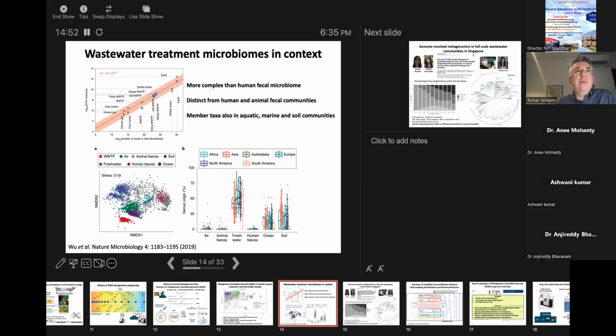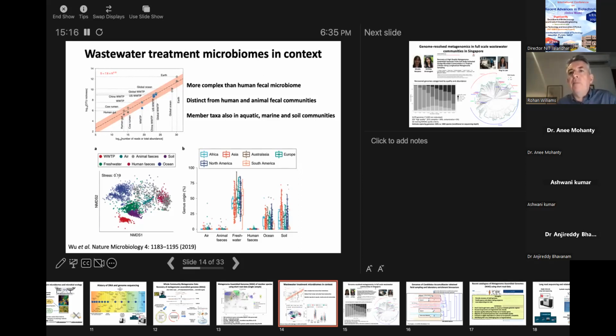And we can see here, on a logarithmic scale, some surrogate measure of the number of species in the community. We can see that the wastewater treatment plants, WWTPs, are more complex than the human gut or animal gut microbiomes by at least one order of magnitude, often more. So they are very, very complex communities.